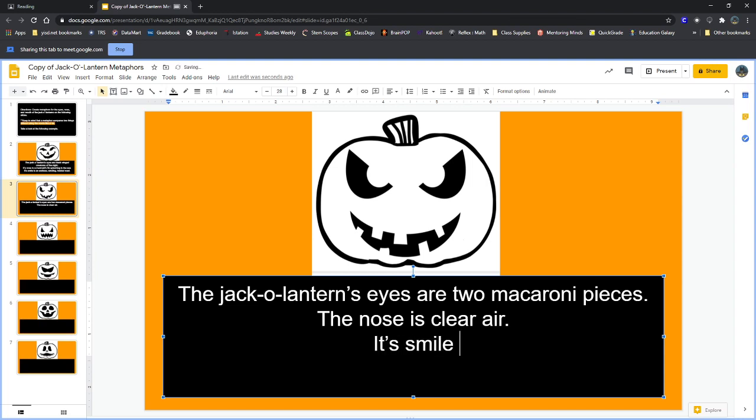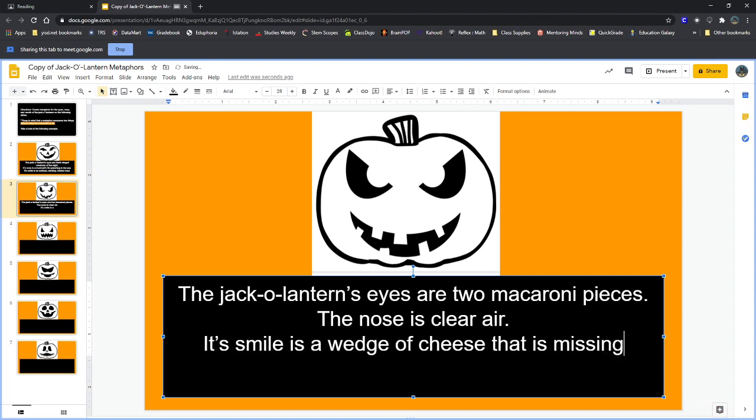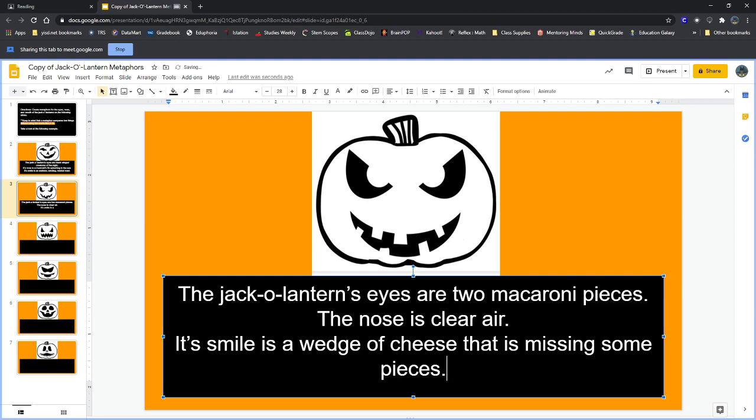Its smile is a... and normally when it's shaped like that, they call it a wedge. Wedge of cheese that is missing some pieces. Like if someone was snacking on it. Should we write that too? Yeah, so you can write that. Okay. Oh, actually, instead of the nose, because it's not the only nose, its nose.